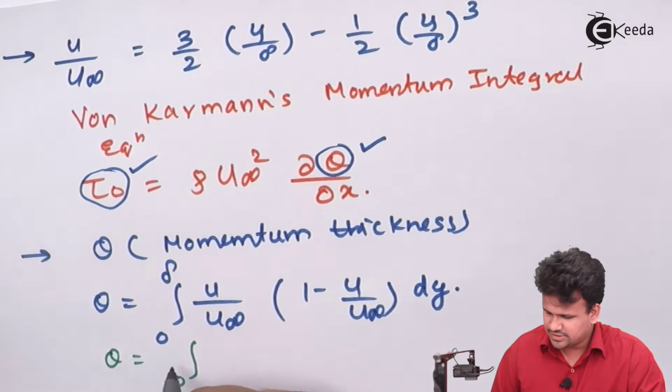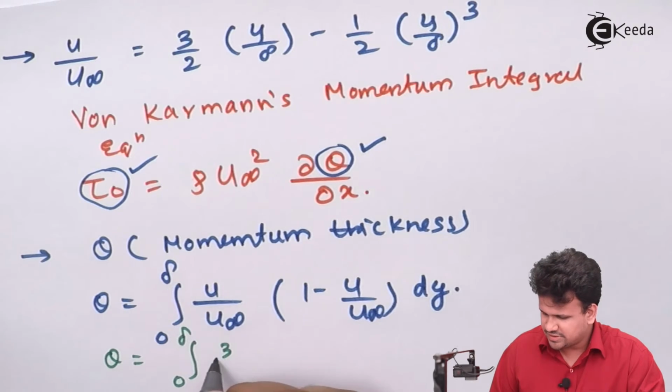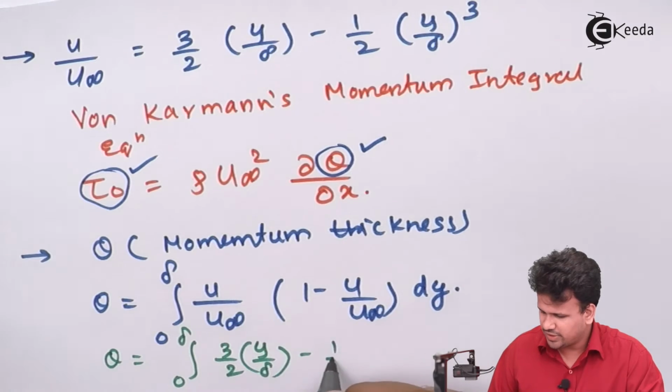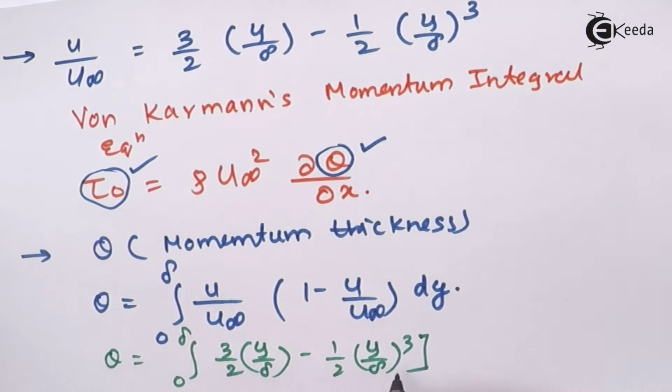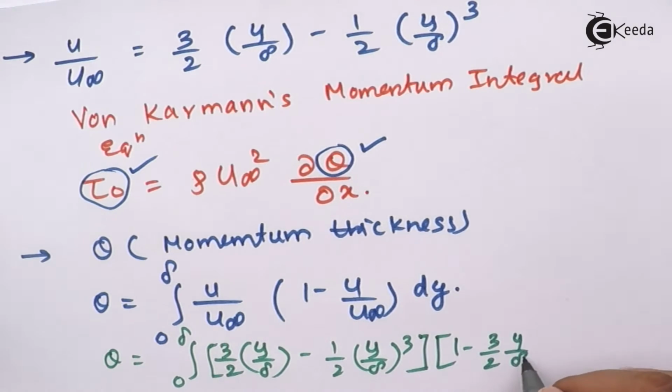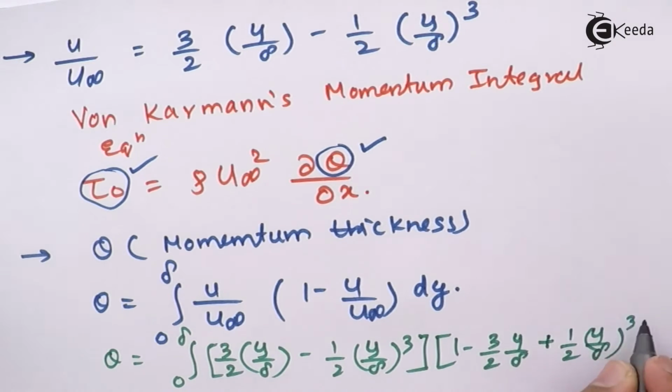So this is integral 0 to delta of 3 by 2 y by delta minus 1 by 2 (y by delta) the whole cube, into 1 minus 3 by 2 y by delta plus 1 upon 2 (y by delta) the whole cube, into dy. So this is the equation.